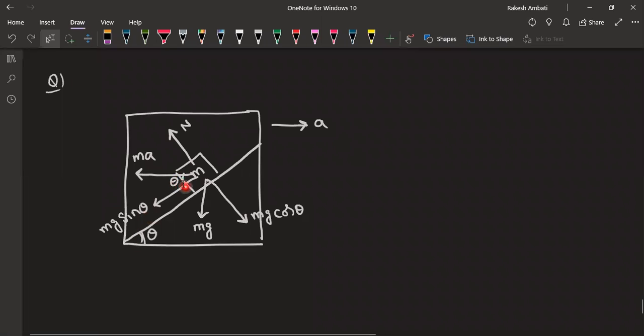Let us resolve this ma into components. It is ma at angle theta. Therefore, this component of pseudo force is ma cos theta. Here it is not visible. Just a minute.